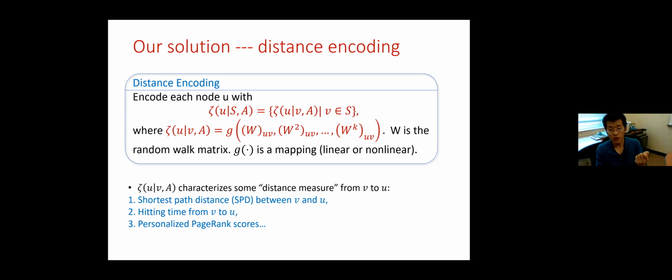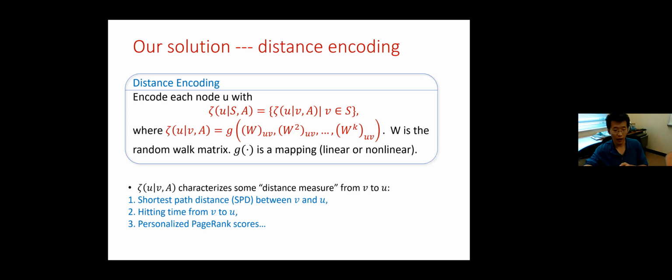Essentially, we set the distance encoding for each node U as a set of distance encodings between this node U and any node V in the target node set S. And this distance encoding between the two nodes is defined as a mapping of landing probabilities of random walks that start from this node V to this node U.